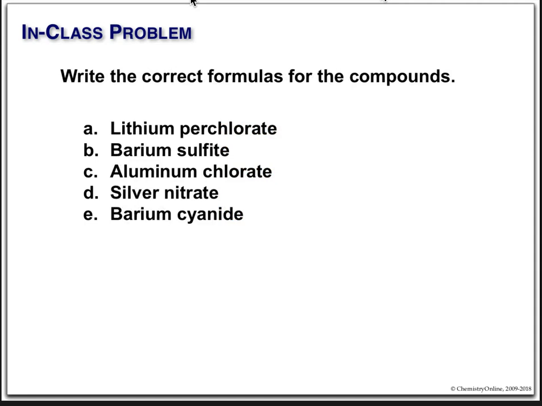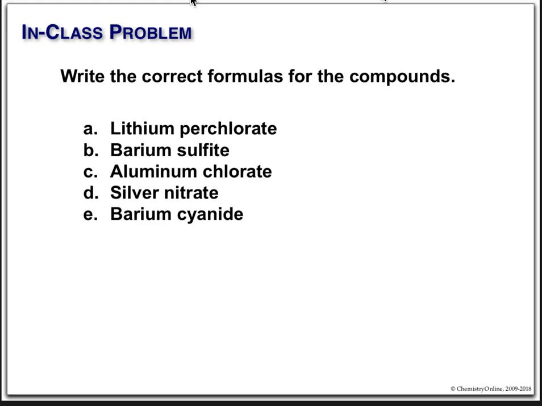All right, let's go backwards. This is even more difficult. Lithium is Li. That's the simple part, right? We just did chlorate. That was ClO3. Right? Perchlorate is what? 1 more oxygen.